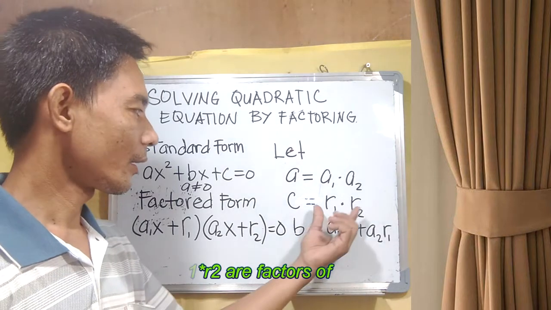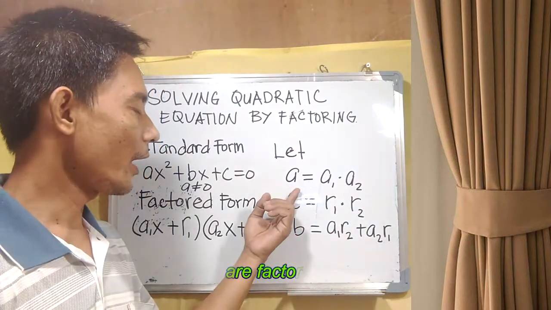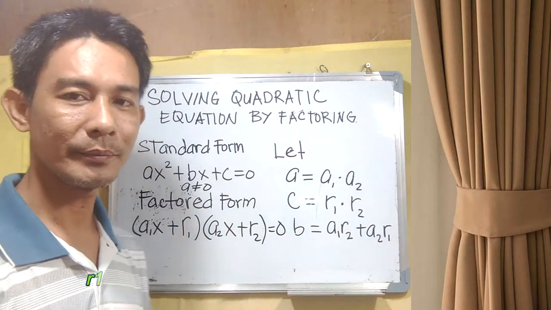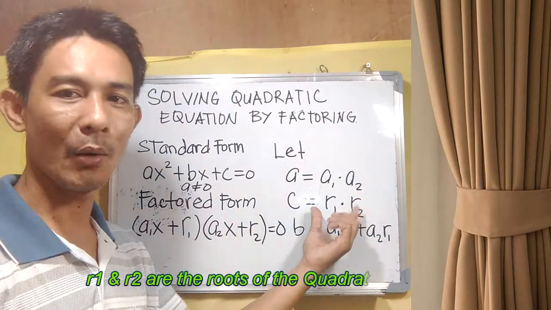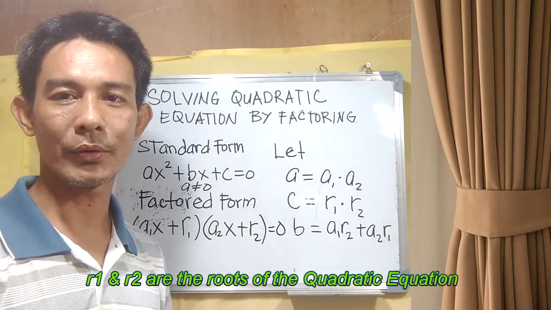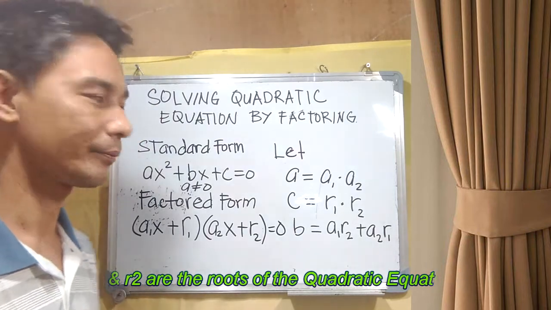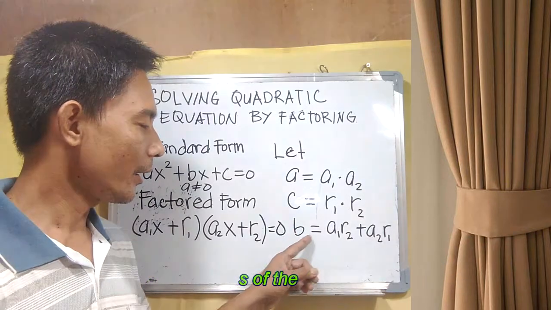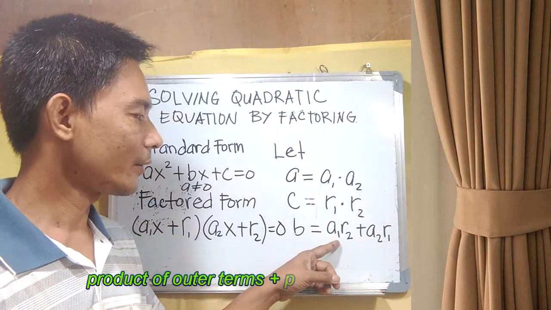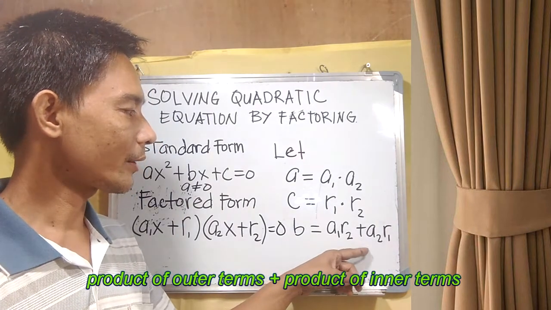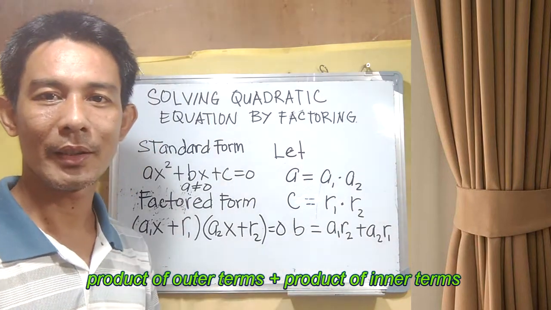And if a is equal to 1, this is already our roots or solutions of our quadratic equation. And b equals a sub 1 times r sub 2 plus a sub 2 times r sub 1.